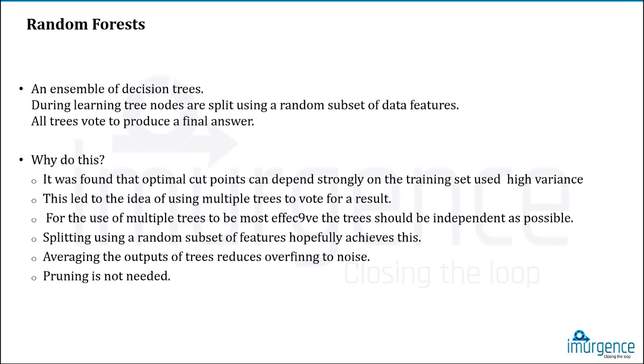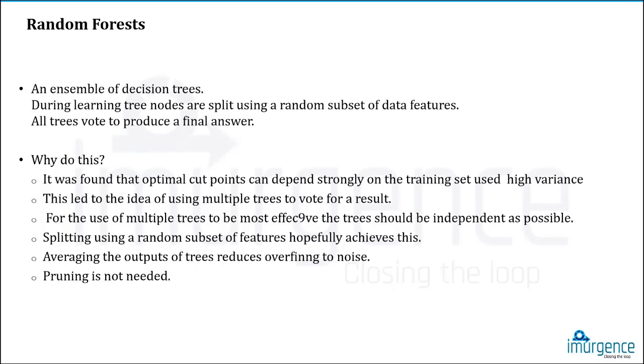So out of 20, roughly 1/3, so 7 variables will first be pre-qualified, and out of that, one variable will finally be selected to partition the data. Again, the same process is repeated every time. That is why it is called random forest.